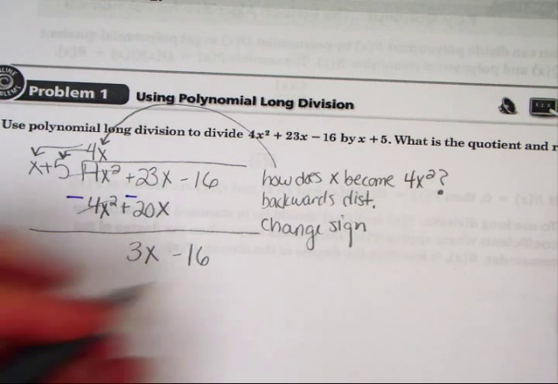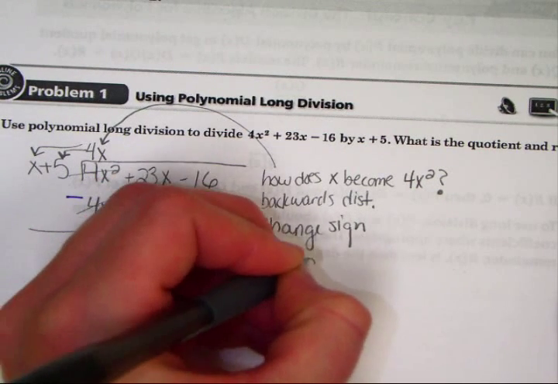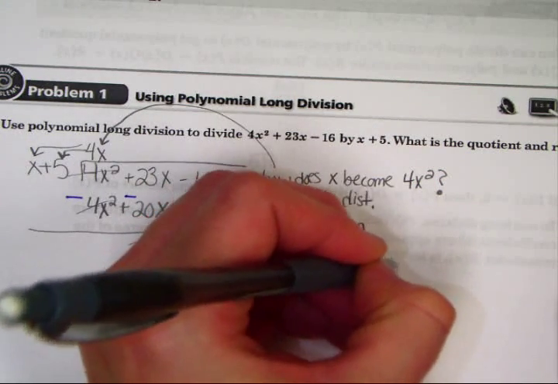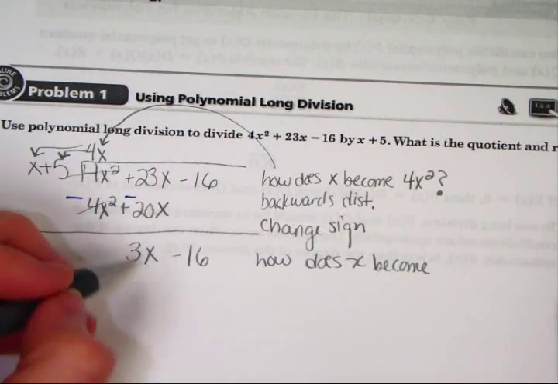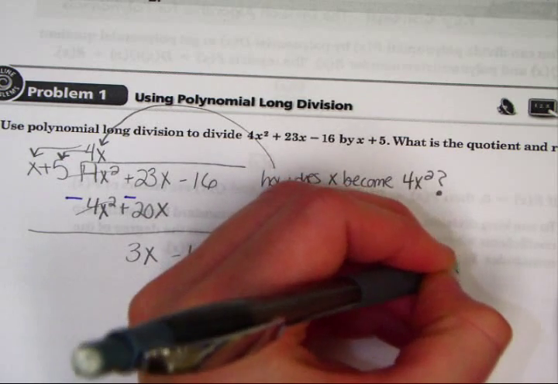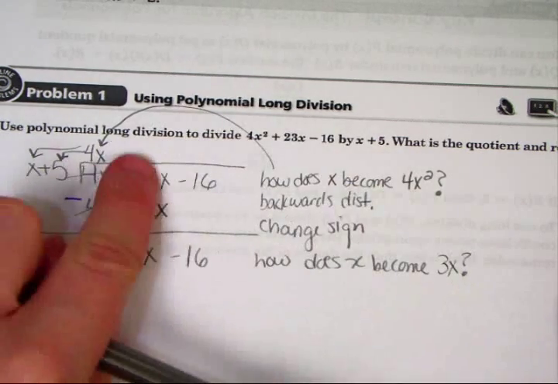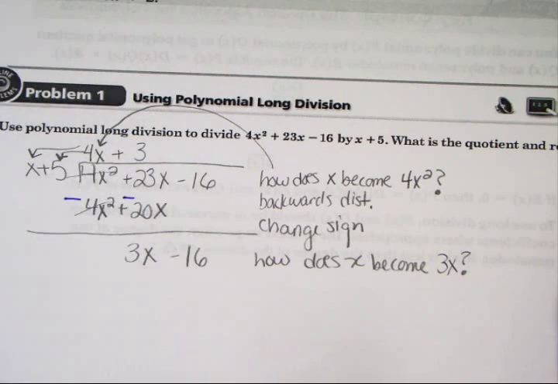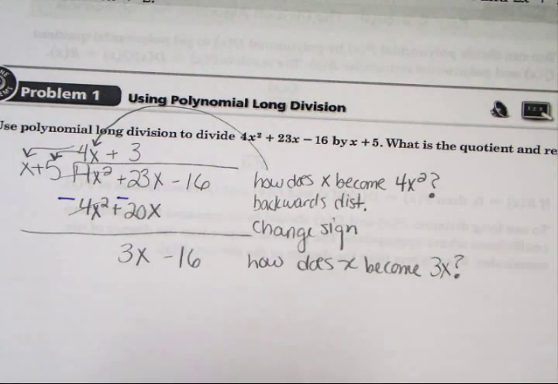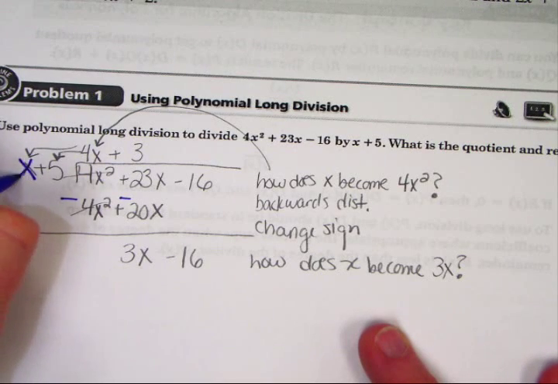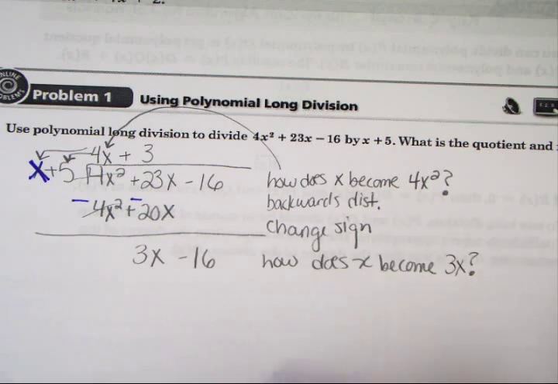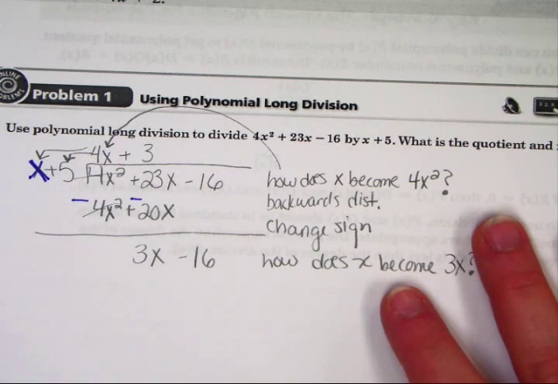Now you ask yourself, how does x become 3x? You put your answer up here. It would become 3x if you multiplied by a positive 3. You're always concerned with this out front and the first term of what you're working on. So we backwards distribute.